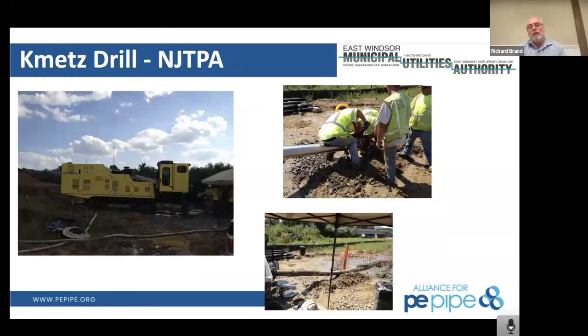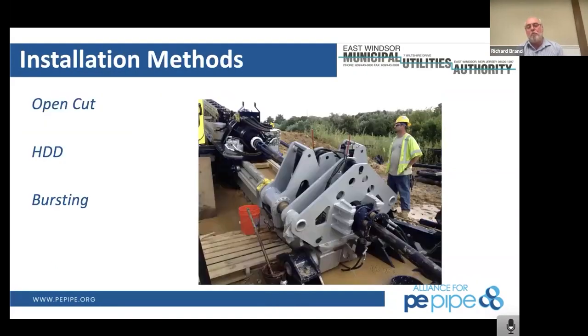We had a force sewer main alongside one of the bridges that they had to remove. For that project, they paid for the removal of the force main and the installation of a new high density polyethylene force main to replace the old AC pipe that was there.